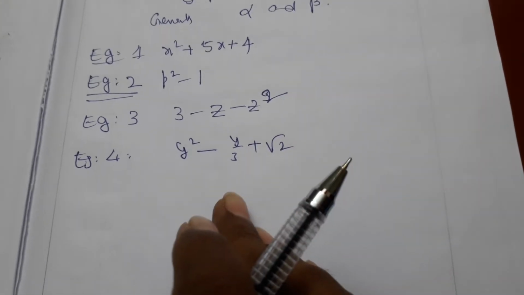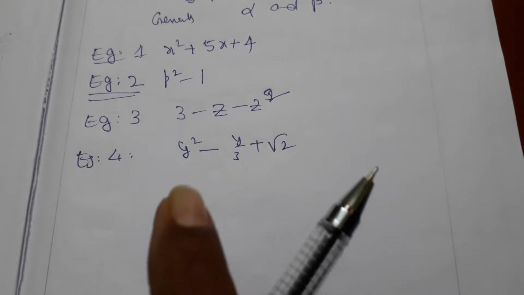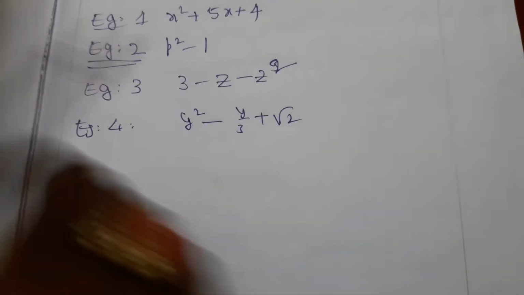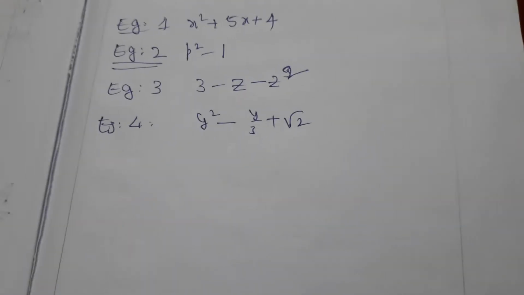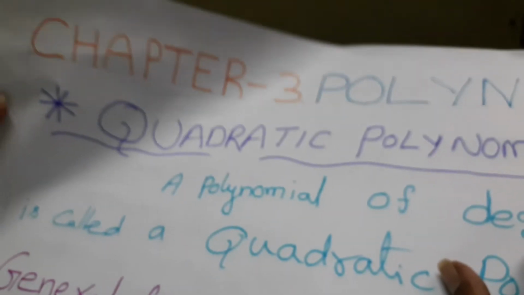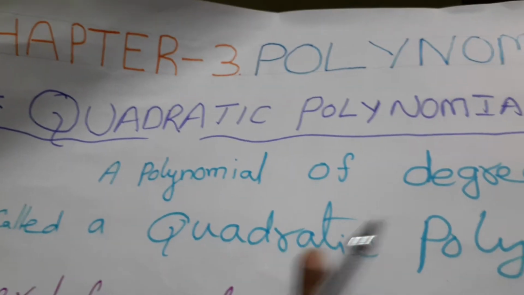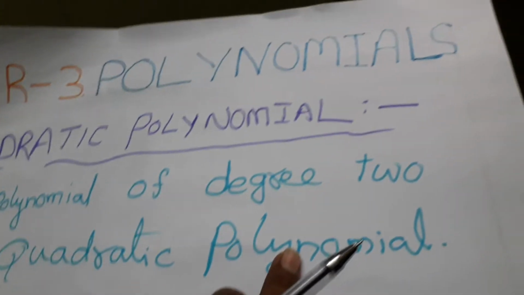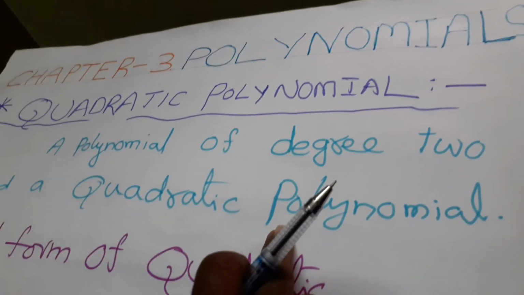Now, observe a chart for better understanding. I am showing a chart regarding quadratic polynomial definition and examples. A polynomial of degree 2 is called a quadratic polynomial.